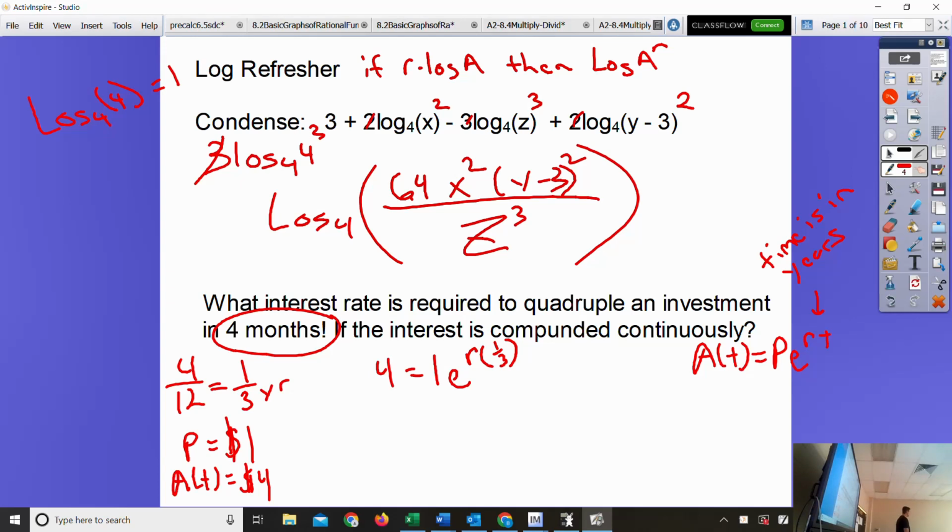It becomes a logarithm whose base is E, which we'll worry about in a second. Its argument is the old answer, 4, and it equals the old exponent, 1/3 R. If you want to write R/3, go ahead, but it looks better this way.